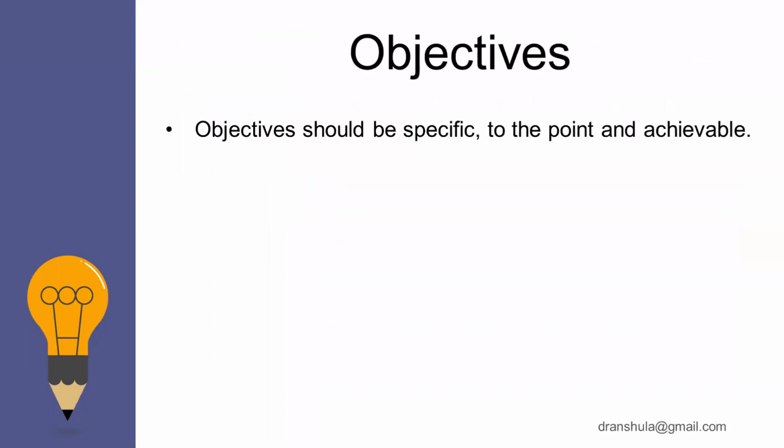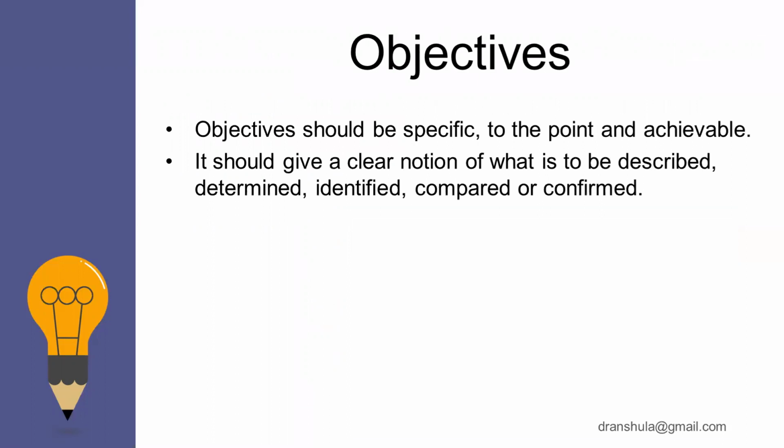Now coming to objectives, objectives should be specific, to the point, and achievable. It should give a clear notion of what is to be described, determined, identified, compared, or confirmed. So these terms can be your starting terms for your objectives.